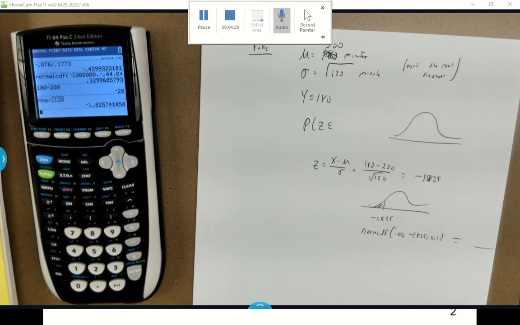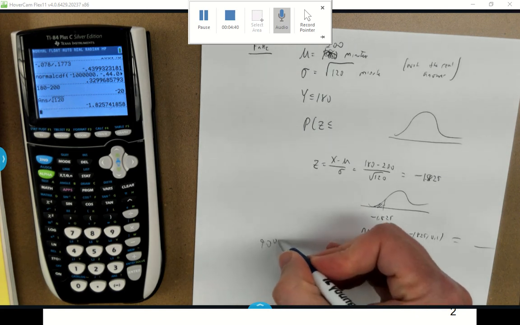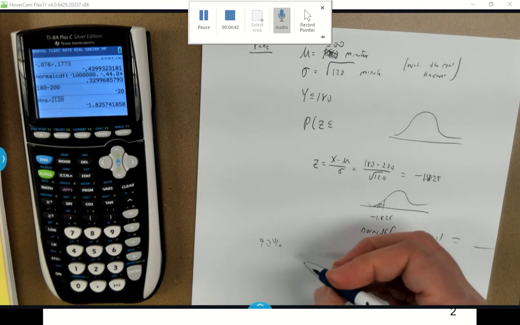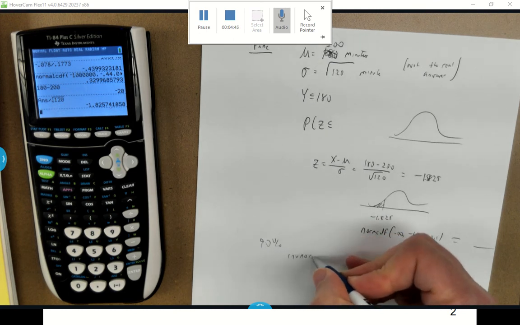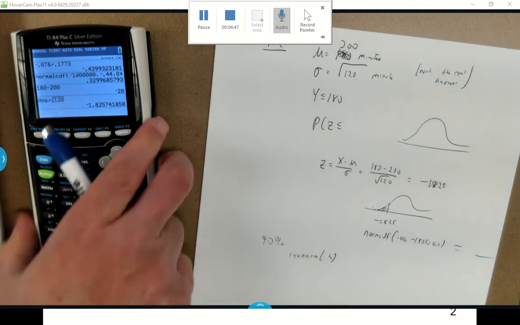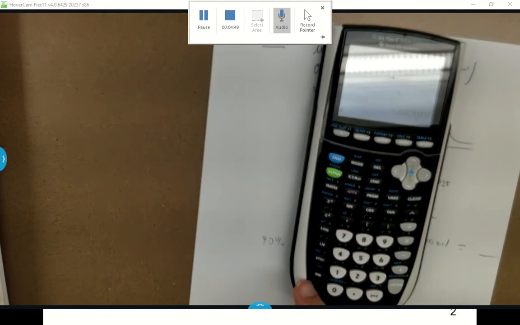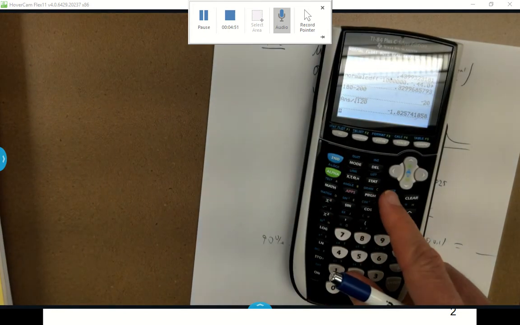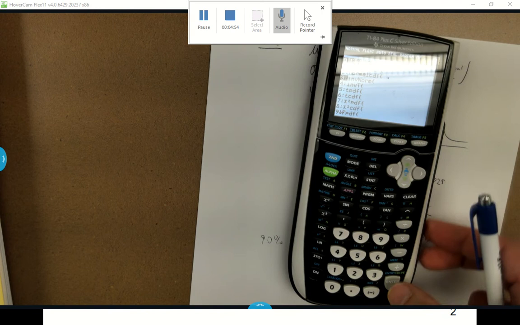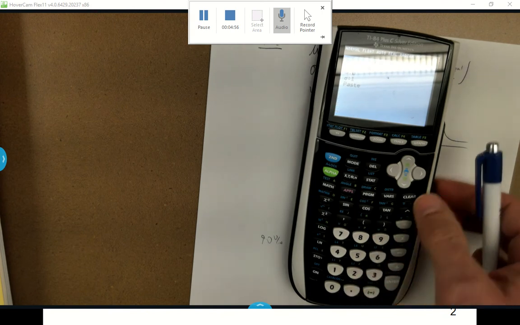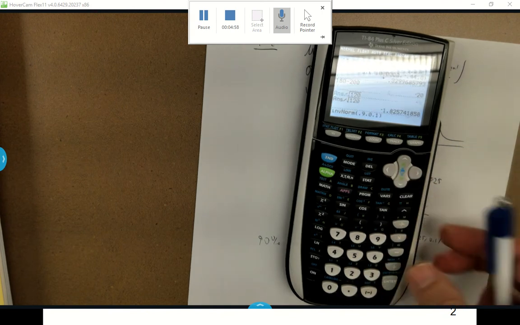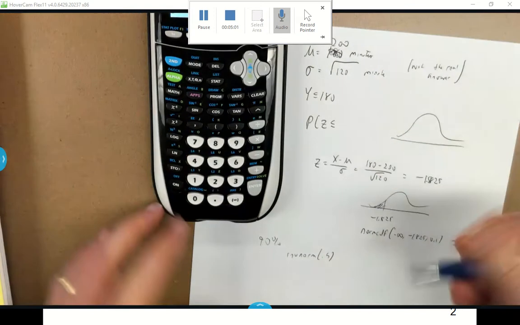The other one you could do, you have to use the inverse z form. So let's suppose that you want a 90% chance for this, so the inverse norm of 0.9, and what you get is 1.28.